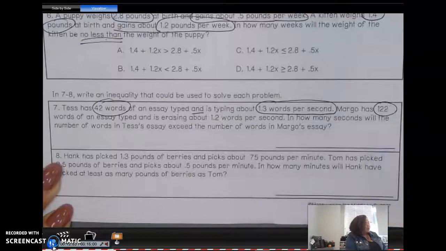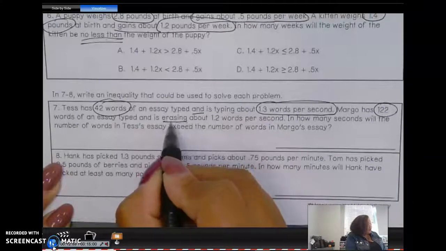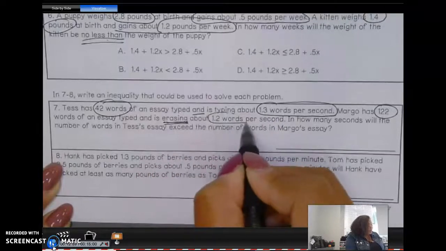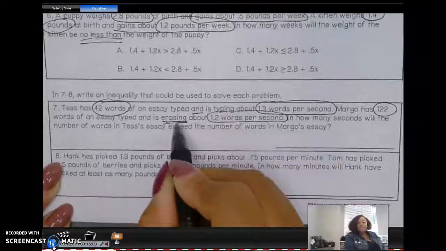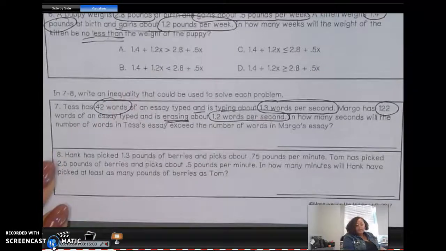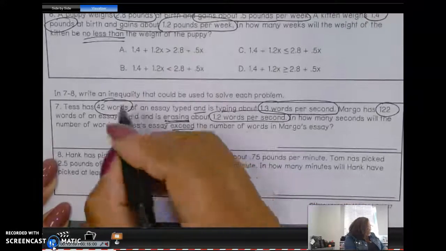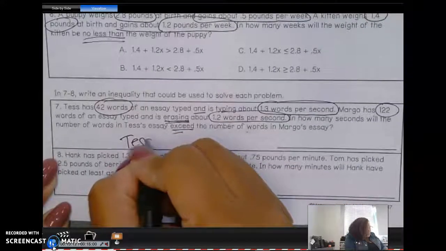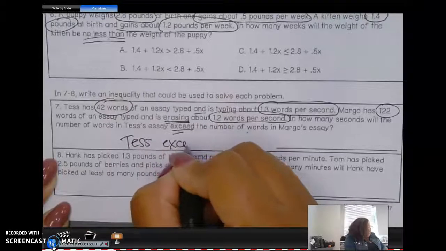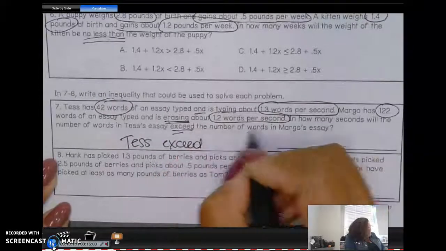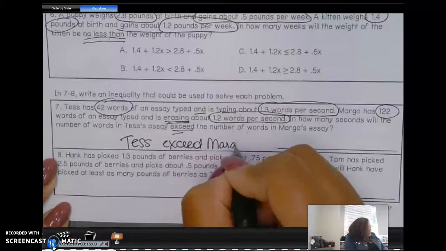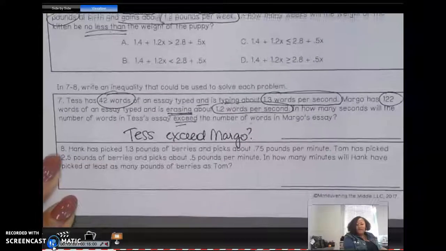Margot has 122 words of an essay typed and is erasing 1.2 words per second. She's taking words away. In how many seconds will the number of words in Tess's essay exceed? I want Tess to exceed Margot. What will that look like?